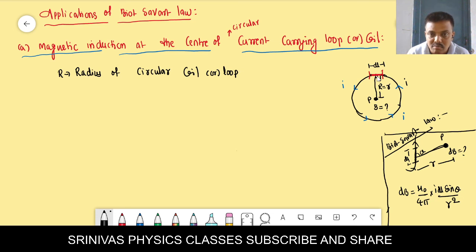That point's distance from the center of the small element, the red color one, is actually the radius of the circular coil, capital R. According to the formula it is r.